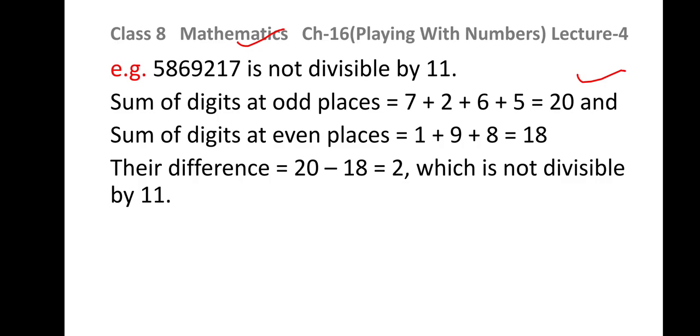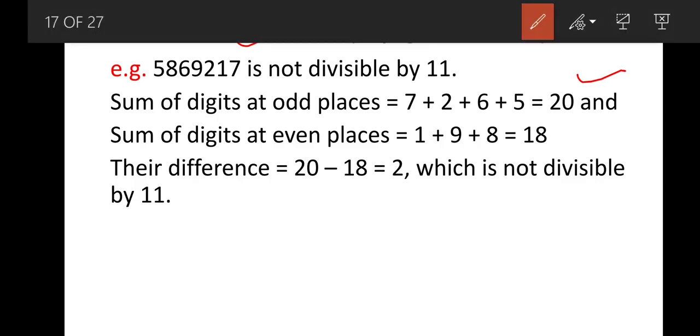Let us understand this once again. Dear children, you are supposed to start giving numbers to the digits starting from the units place, and then you will come to know which digits are at odd places and which are at even places.